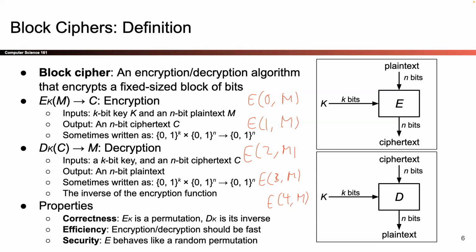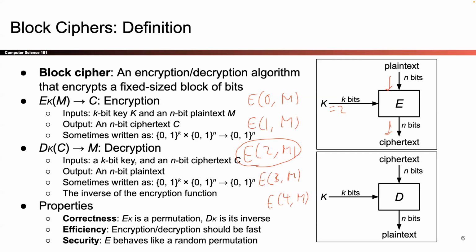As soon as you pick a k, you lock it in, and instead of looking at this whole family of functions, you've zoomed into exactly one of the functions where k is locked into your chosen value. So your function now reduces to just taking n bits of input and outputting n bits of output. Okay. Again, it's kind of a weird way to look at things. You can do the same thing with decryption.